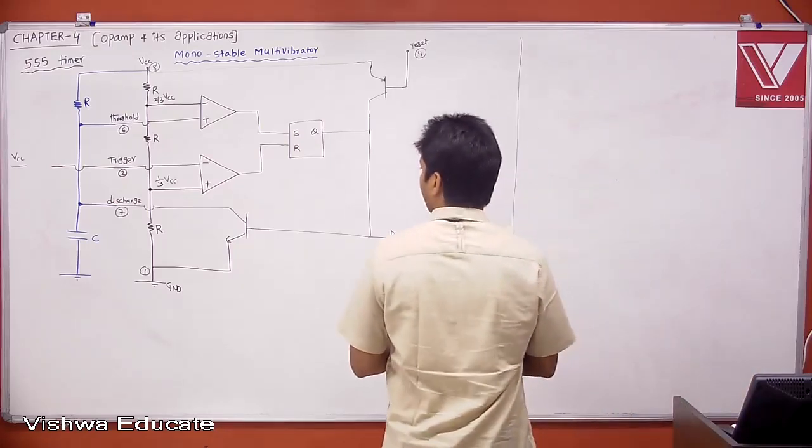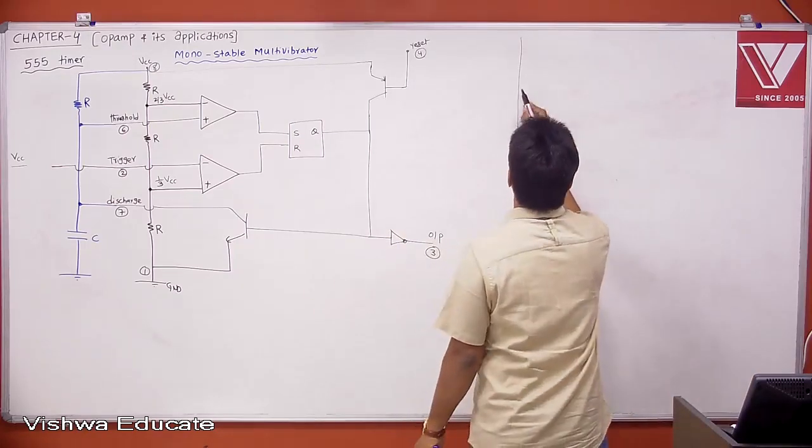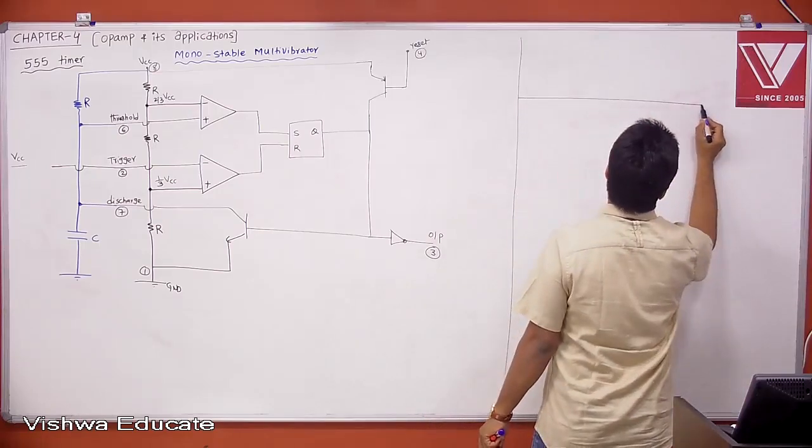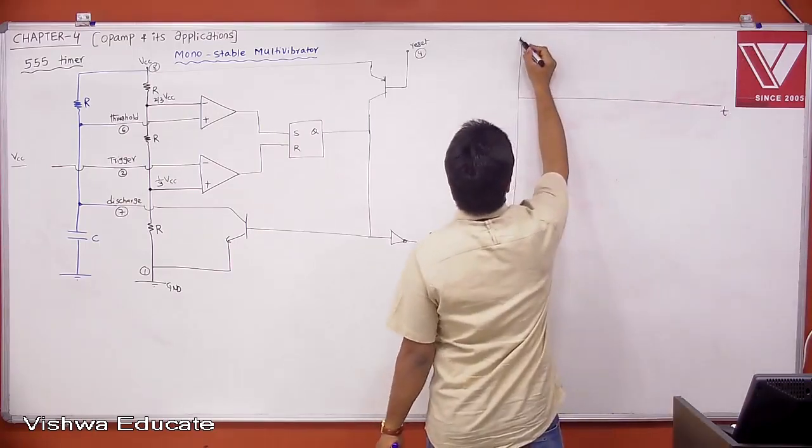First of all, the voltage across the capacitor. If you take the voltage across the capacitor, this is time t, and this is VC.